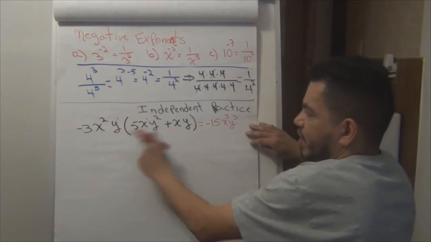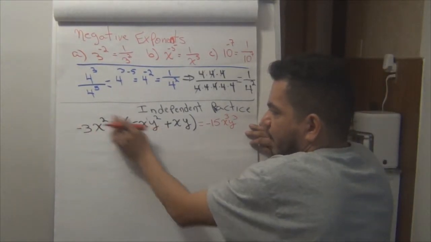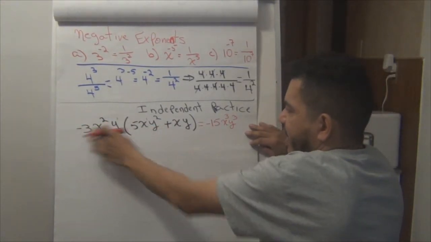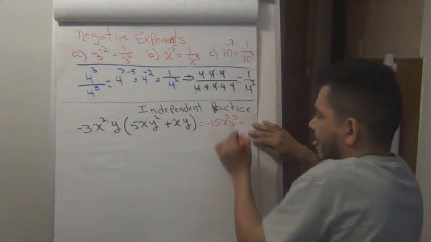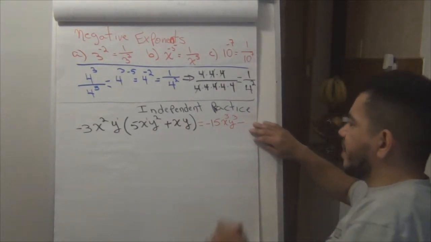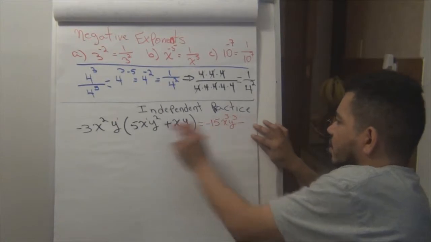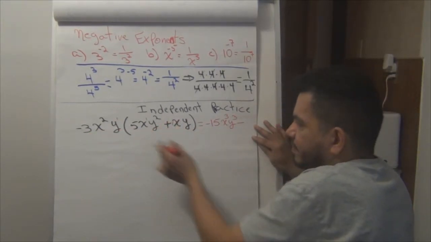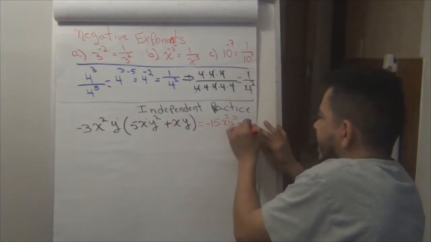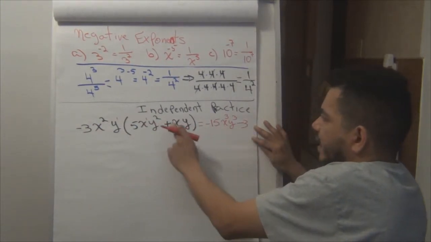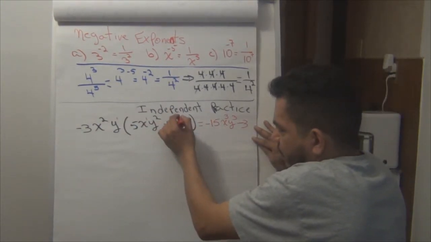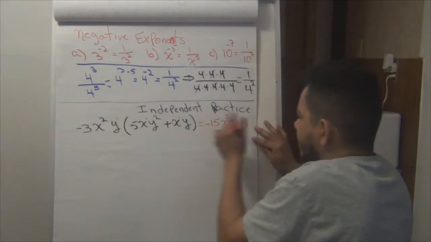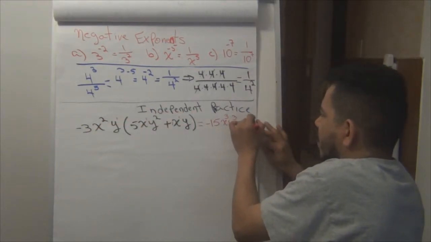Negative times positive. Okay, look, I multiply by this one, now I'm going to multiply by this one. So negative times positive is negative. And I don't think it's going to fit, but I'm going to try it. There is no number here. That means that this is an invisible one. So negative 3 times 1 is negative 3. X to the first power times x to the second power, that's x to the third power.